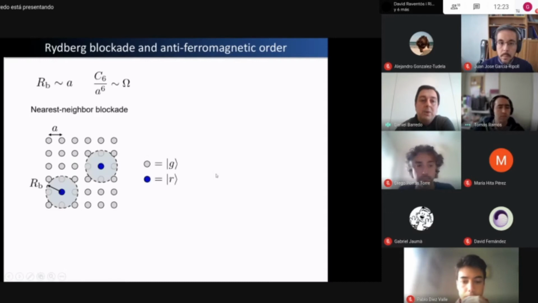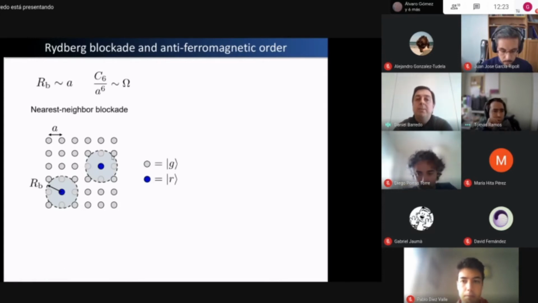Now you tune the parameters of your Hamiltonian in such a way that you select a Rydberg blockade radius that covers first neighbors. Once you place an excitation, a Rydberg atom here in dark blue, it's not possible to create any other excitation in this circle of radius R_B.